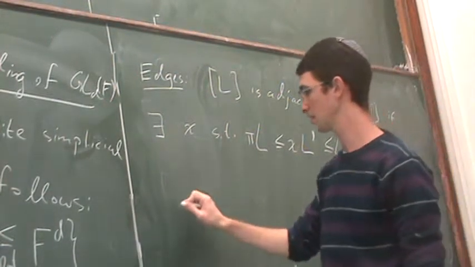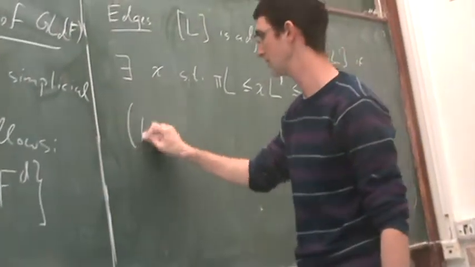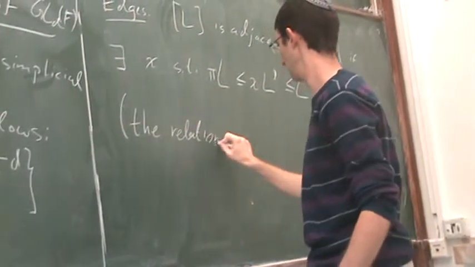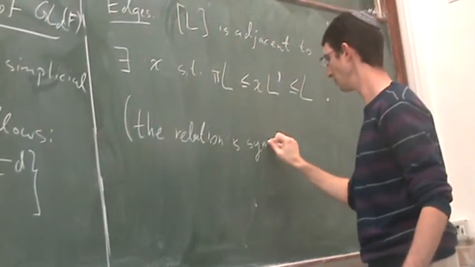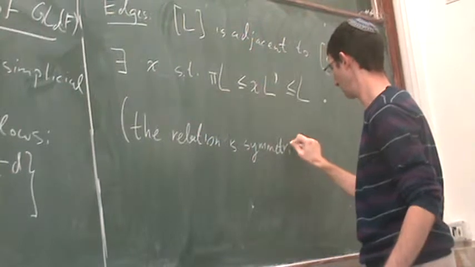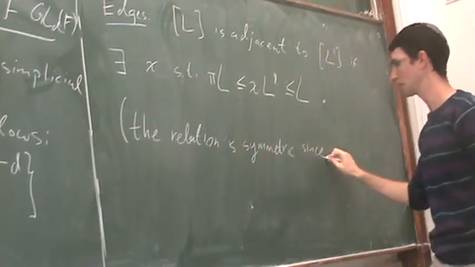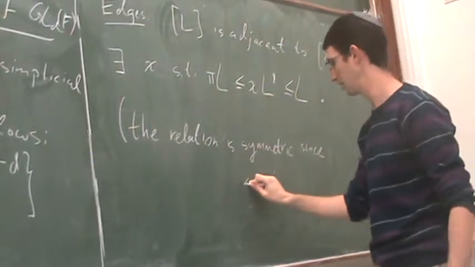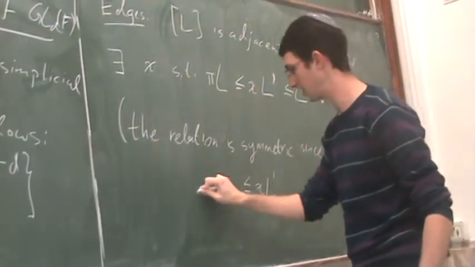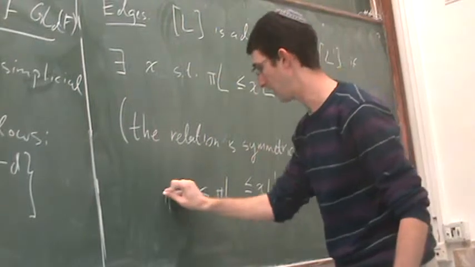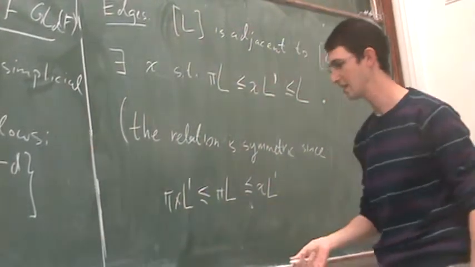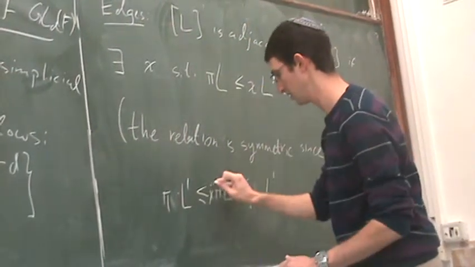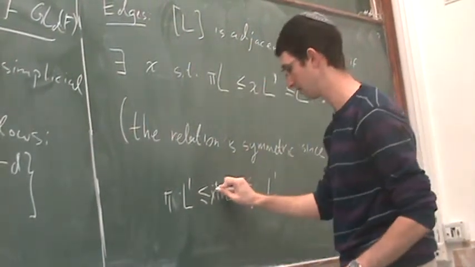Notice that this relation is symmetric. Since this implies that xL' contains pi L, contains pi x L', and of course I could divide by x to the minus 1 and get this.